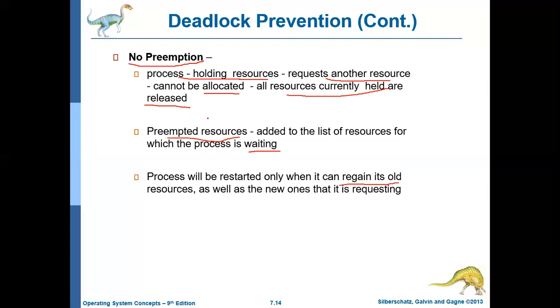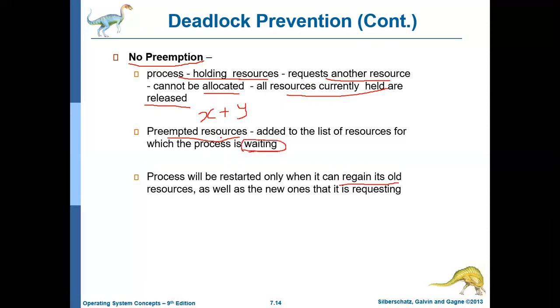That is, if a process is currently holding some resource and it is requesting a new resource, and that new resource cannot be allocated, then the process should voluntarily give up all the resources that it is holding. Say it recently released some X resources, and further it is waiting for some Y resources. All those resources will be added to the list of resources for which the process is waiting.